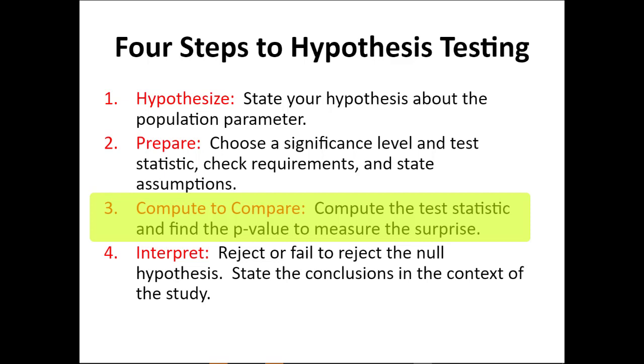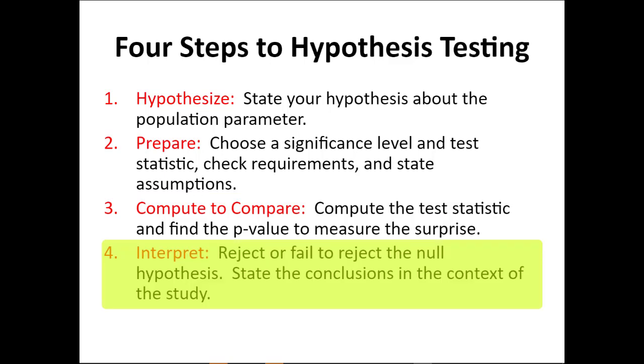You're going to compare your Z obtained to your ZCrit. This is also the time where you calculate the probability or the p-value of your Z obtained and compare that to your alpha. If your p-value is greater than your alpha, then you are going to retain the null. If your p-value is less than your alpha, then you can reject the null of no difference.